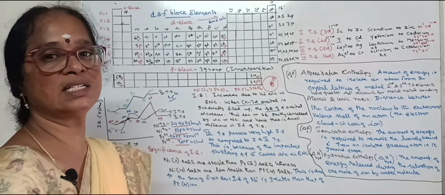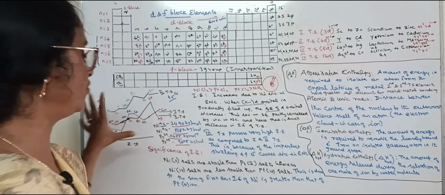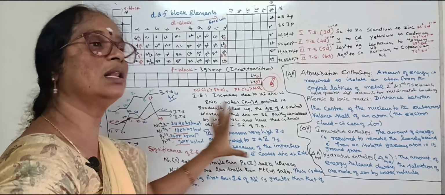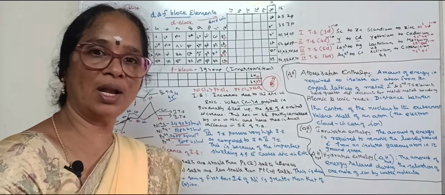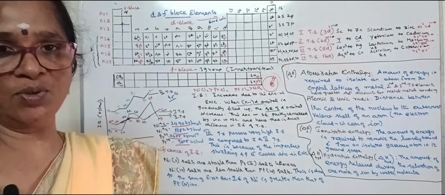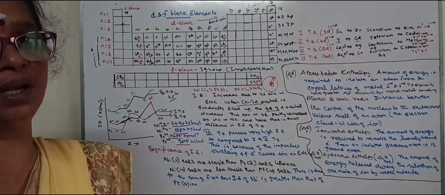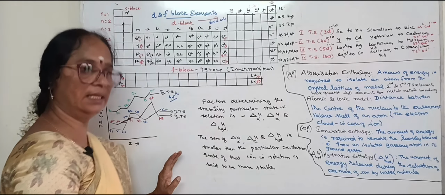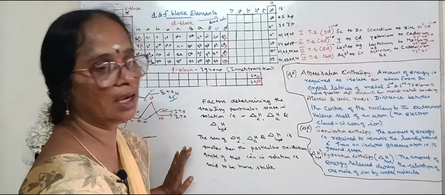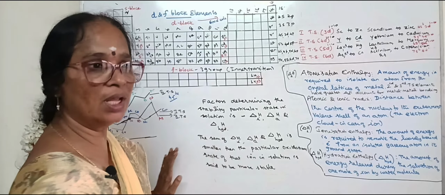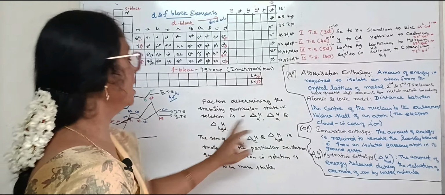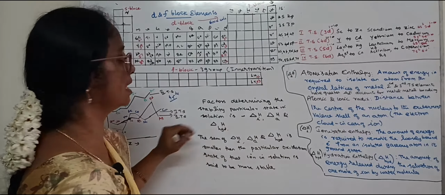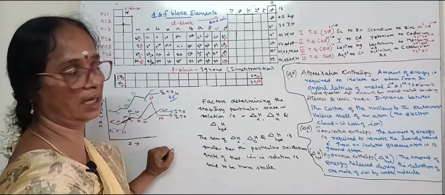From the knowledge of ionization enthalpy, when we find the sum of all the ionization enthalpies, if the value is smaller, then their respective salts will be more stable. The factors that determine the stability of a particular oxidation state of a metal ion are the enthalpy of atomization and the hydration enthalpy.